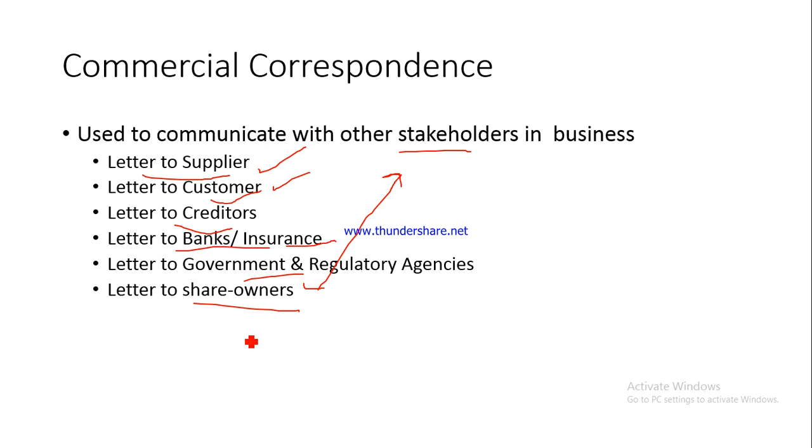So this is the difference between a shareholder and a stakeholder. So don't get confused between the two, right? Whenever you are writing to these kinds of entities, or whenever these entities are writing to you, that would be an example of commercial correspondence, right?